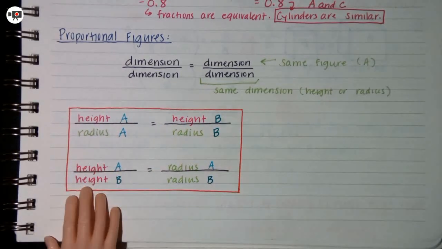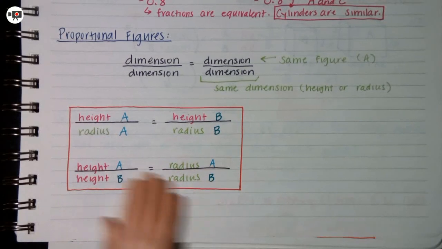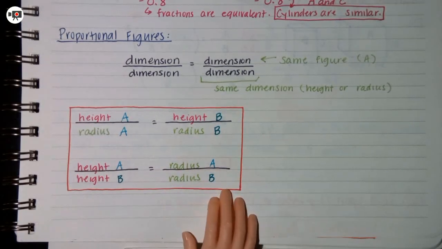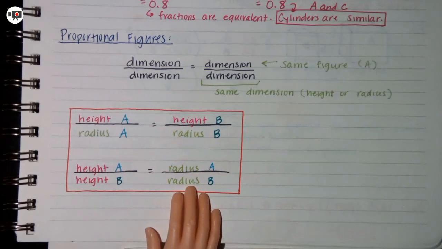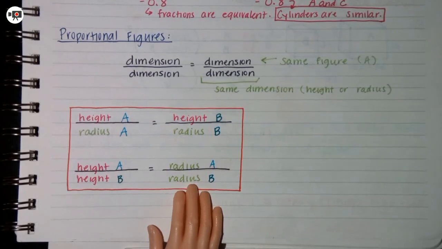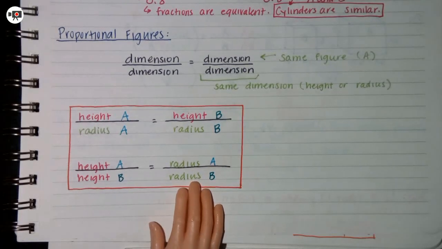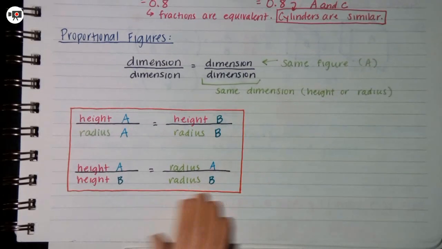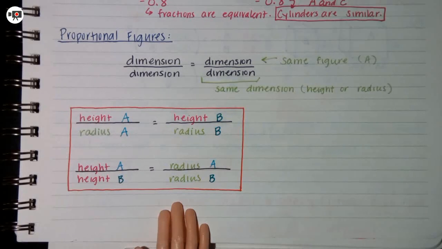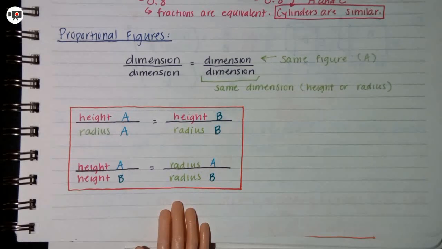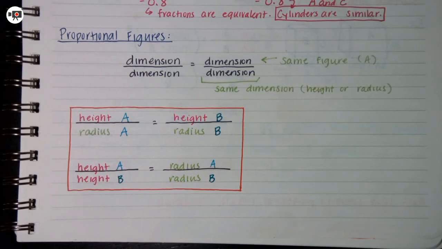Or we can have height over height, radius over radius, A on top, B on bottom. Either one of these is going to get you the right answer, as long as you plug in the numbers correctly. And I wouldn't really say one is easier than the other. It's just a preference, or which one feels a little more natural to set up when looking at your problems.